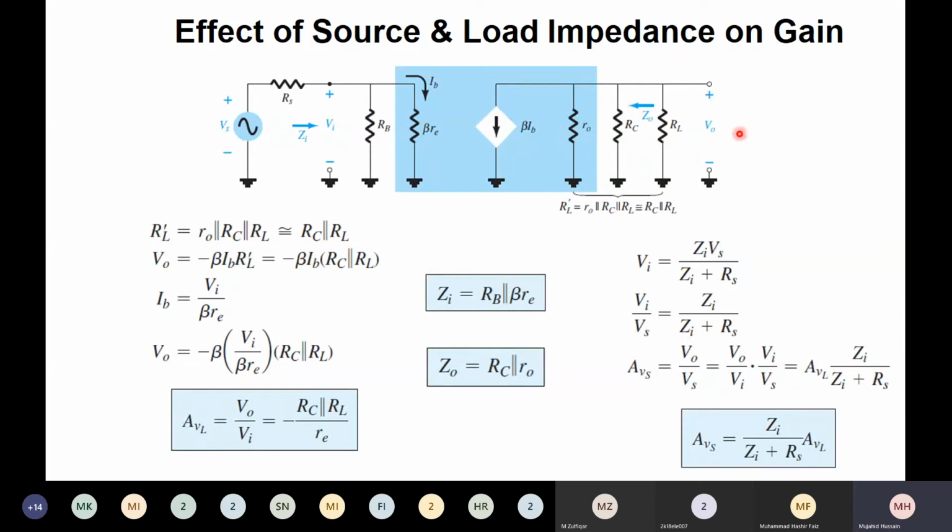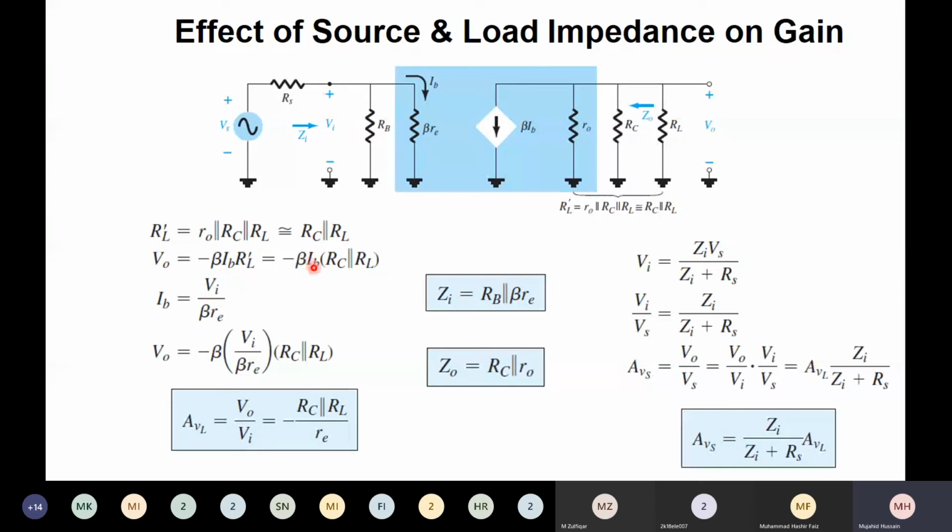Since we know the base current will be voltage over input resistance, the current flowing through this resistance will be the voltage across it, which is V in, divided by beta RE. After substituting the value of IB in this equation, we get V out over V in as minus RC in parallel with RL over RE.